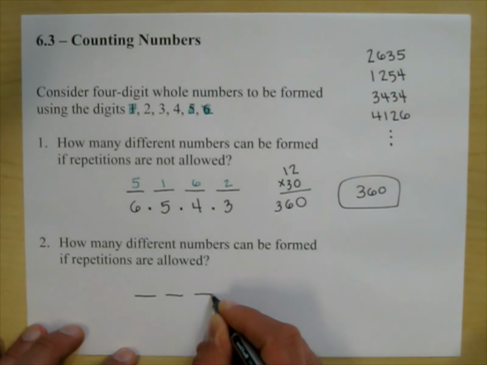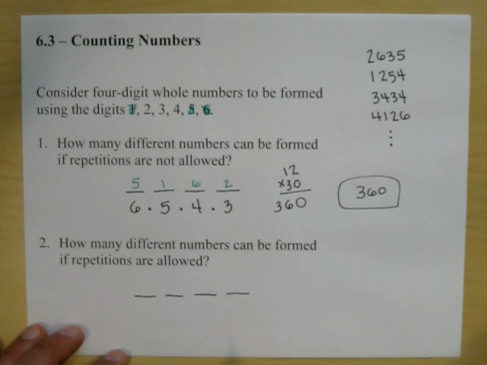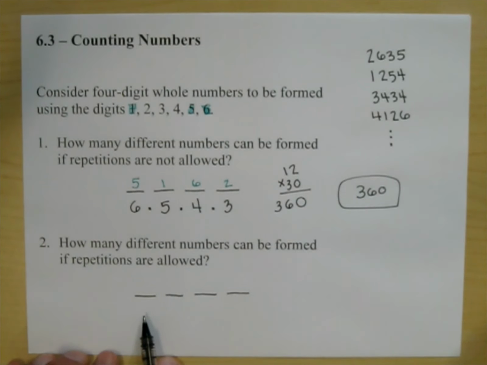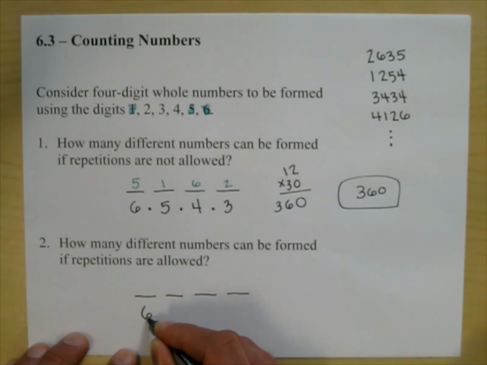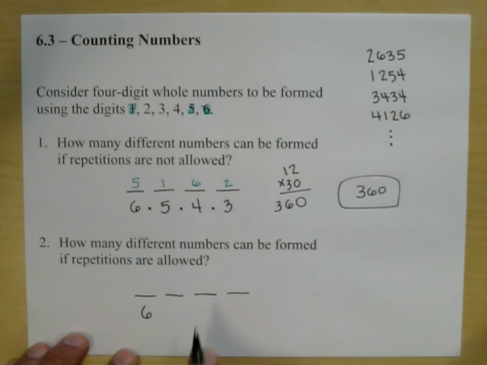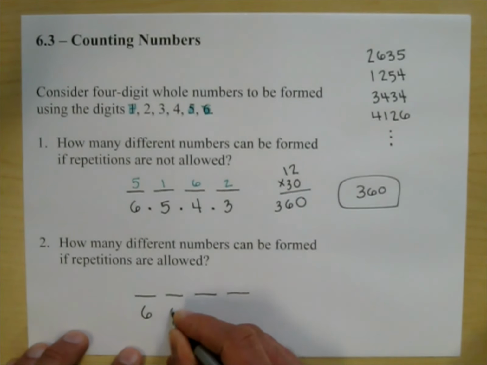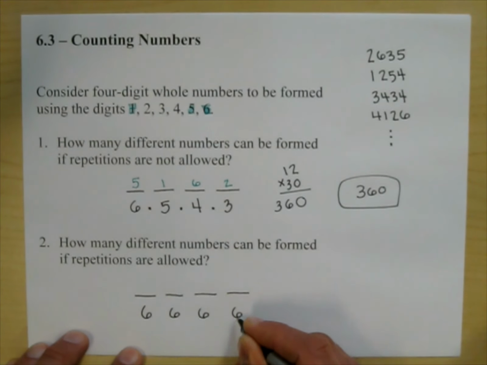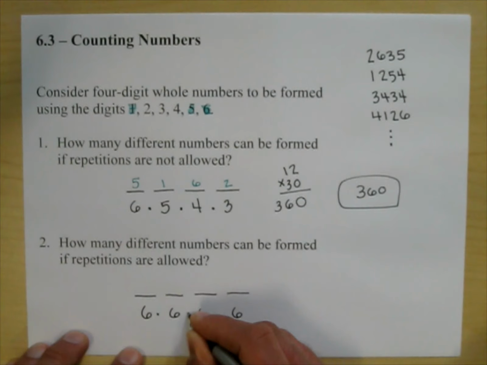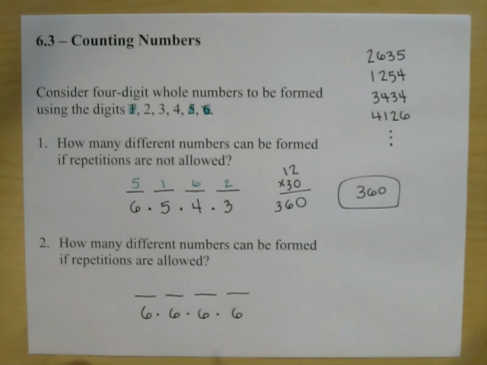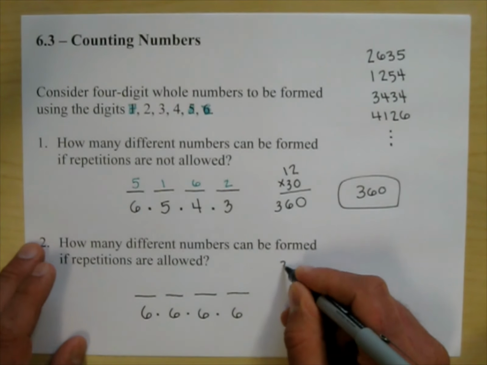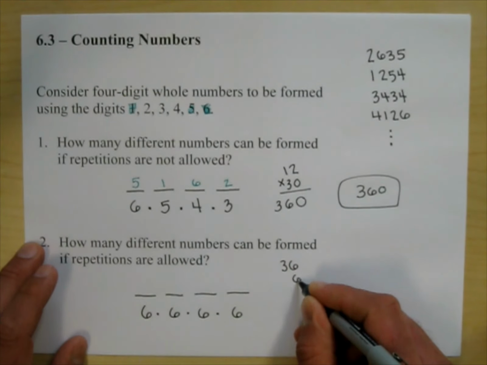4-digit whole numbers. How many choices do I have for the first slot? I have 6 choices. Because I've crossed some of them out for the last problem, but there are 6 choices, and then there are 6 choices again, 6 choices again, and 6 choices again. So I have 6 times 6 times 6 times 6. So I'll do that off right here. So 6 times 6 is 36 times 6.